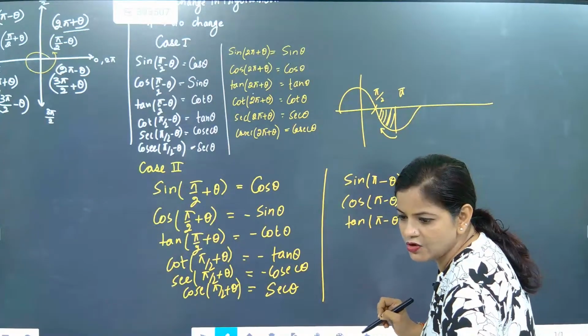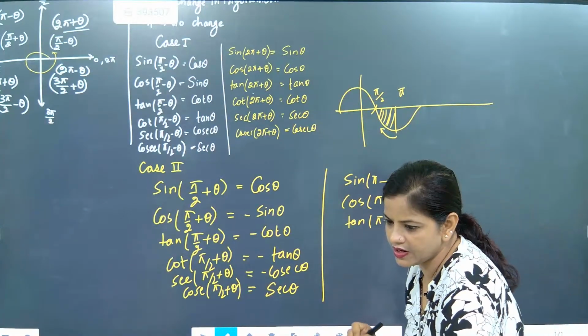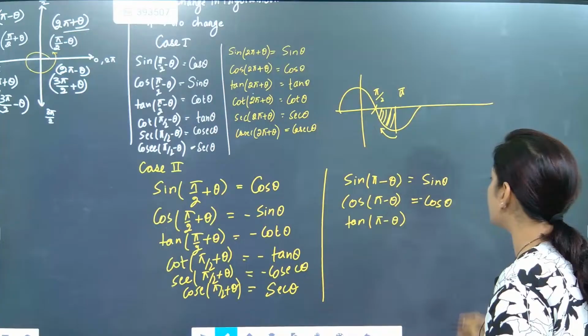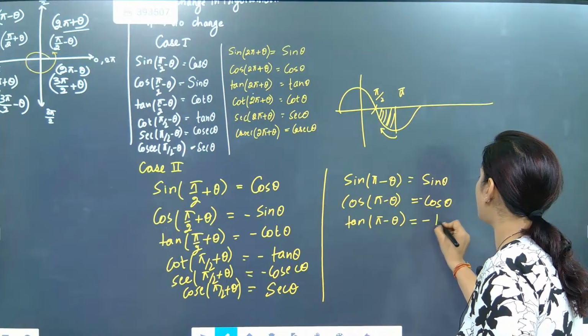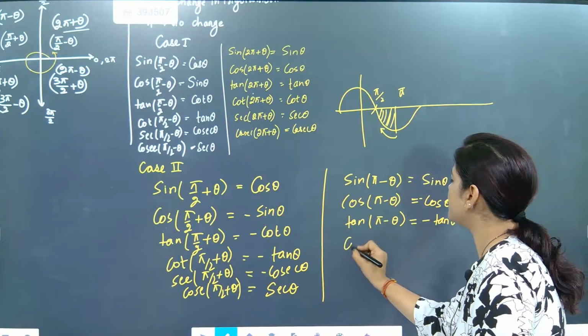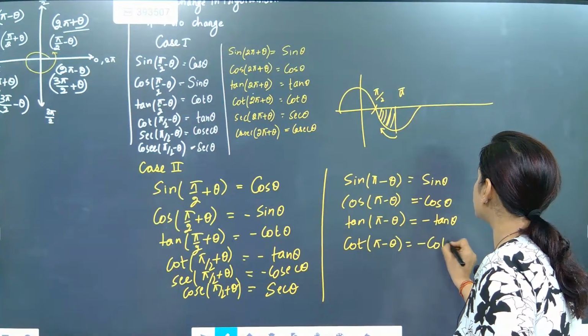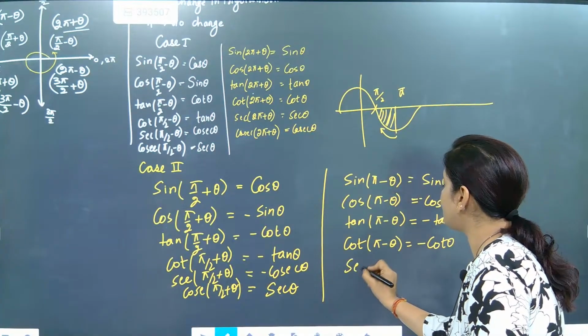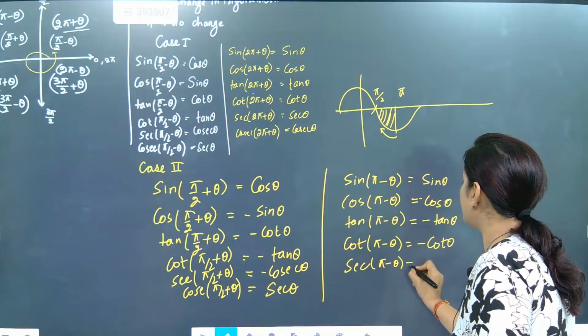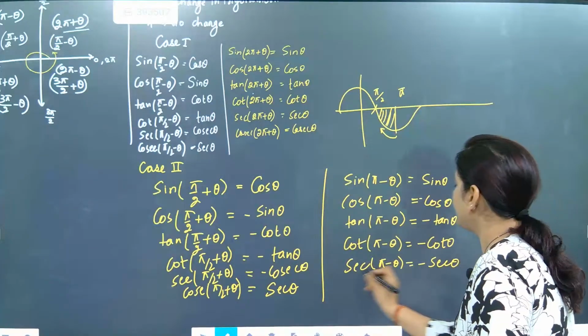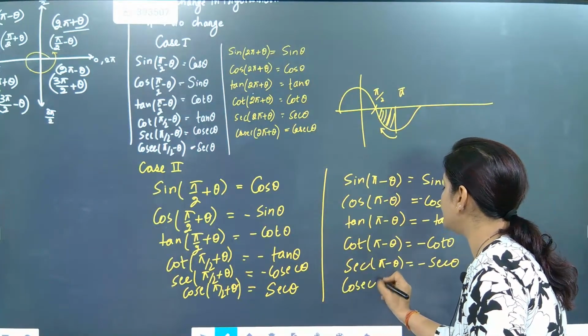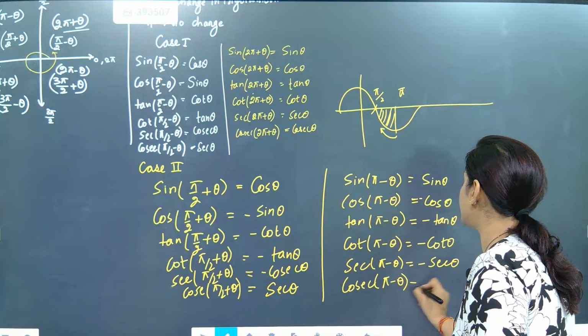So whatever value will come, it will come negative. So here it will become minus tan theta, and here cot of pi minus theta will become minus cot theta. Now secant pi minus theta will become minus secant theta, and then cosecant pi minus theta will become cosecant theta.